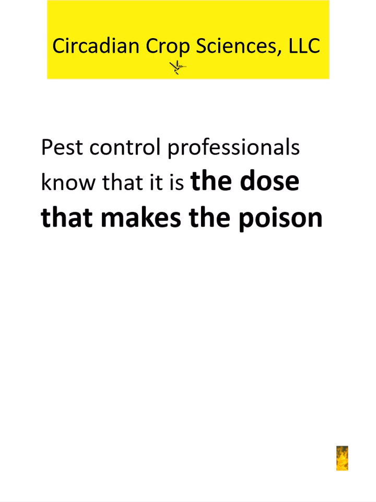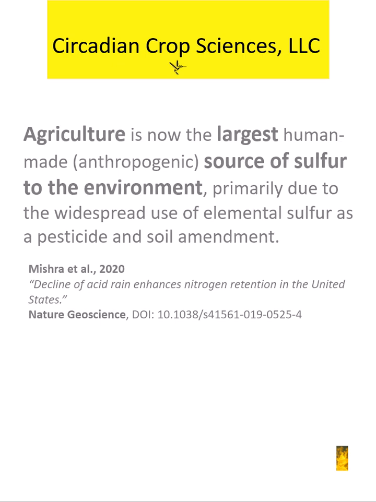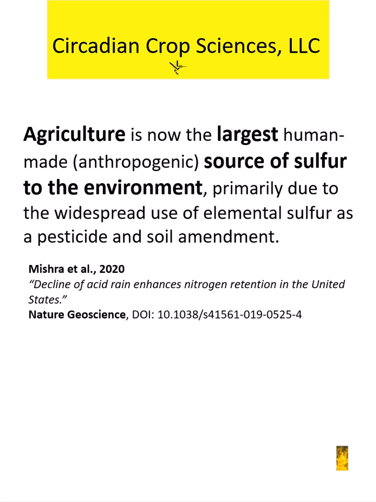Pest control professionals know that it is the dose that makes the poison. Agriculture is now the largest human-made source of sulfur dioxide to the environment, primarily due to the widespread use of elemental sulfur as a pesticide and as a soil amendment.